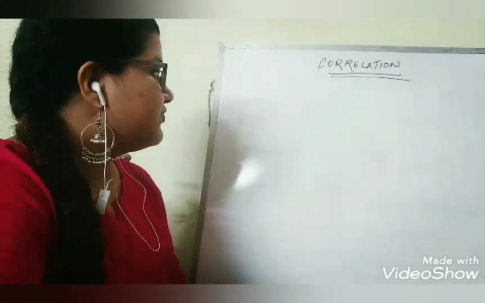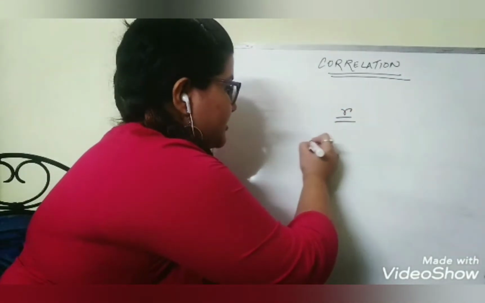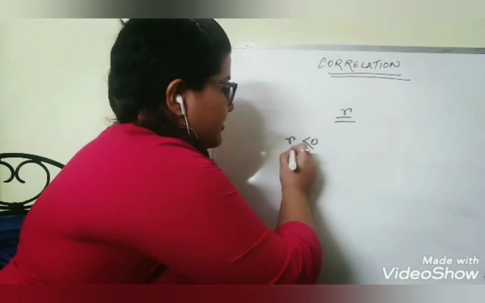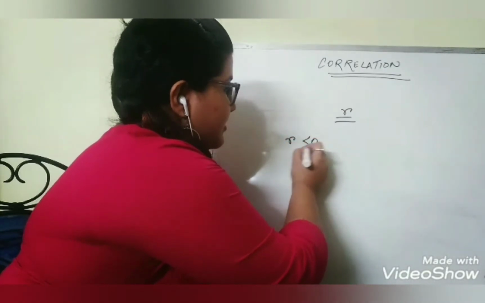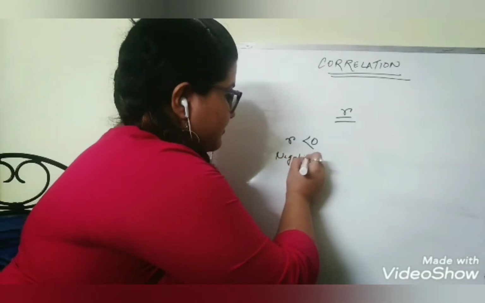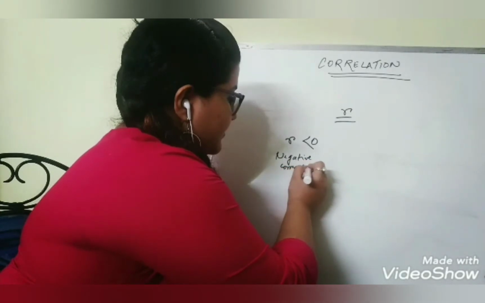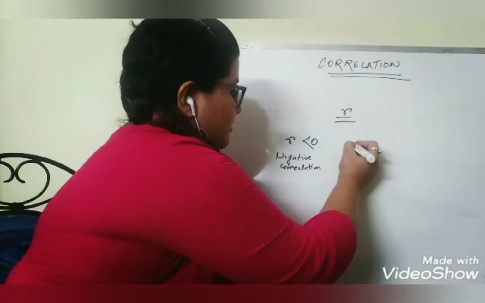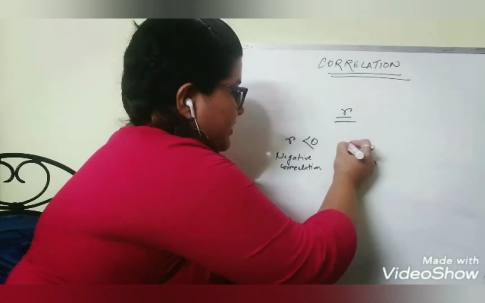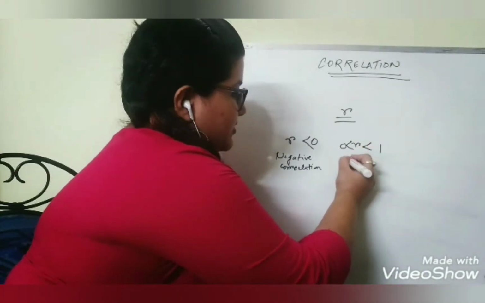Before starting with the four methods of correlation, let me make one thing very clear. If your R, that is your correlation coefficient, is less than 0, then it is negative correlation. If R is greater than 0 but less than 1, it is positive correlation.